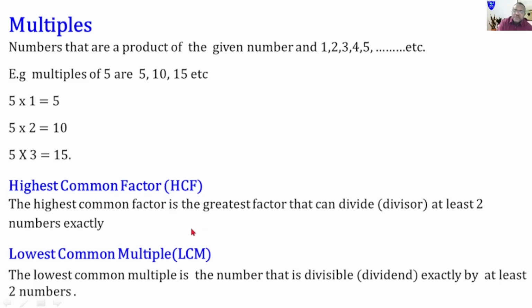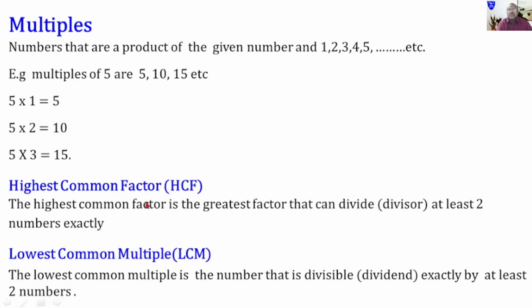Now the highest common factor is the greatest factor that can divide at least 2 numbers exactly. Right? The highest factor that can divide at least 2 numbers exactly. And that number that can divide a number is commonly known as a divisor.